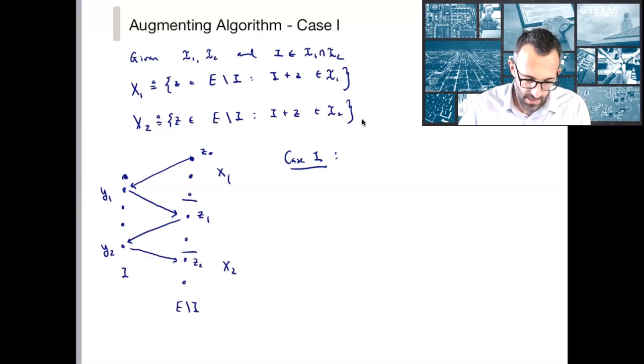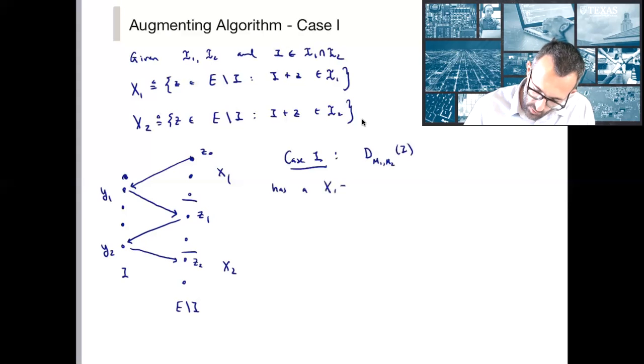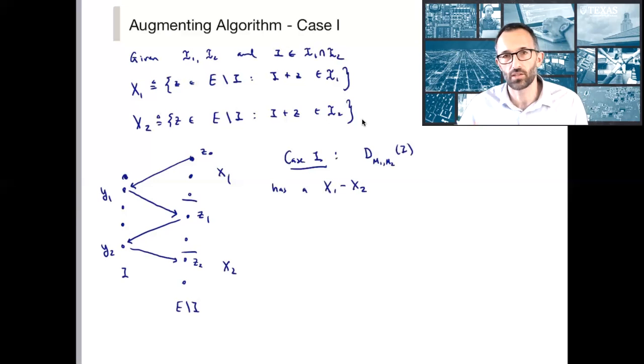So case 1 is that the exchange graph D_{M1,M2}(I) has a path from x1 to x2. If x1 and x2 again have an intersection, then that path has just one single node, so it would have a length 0.